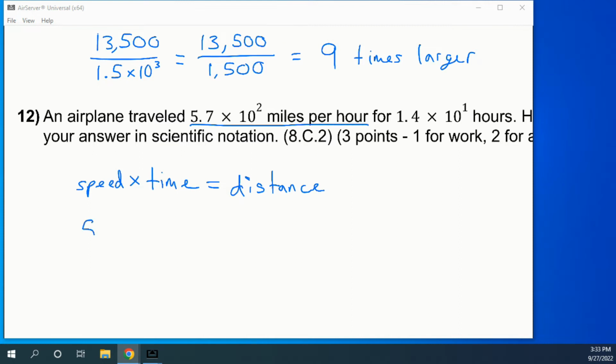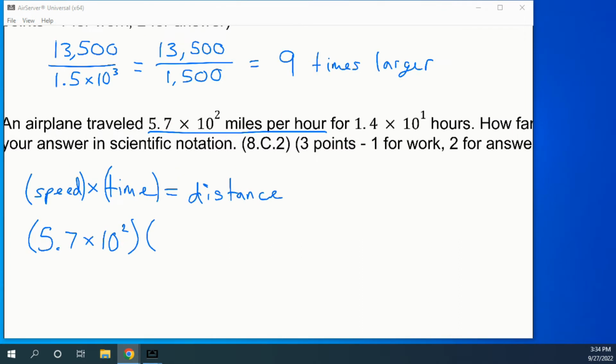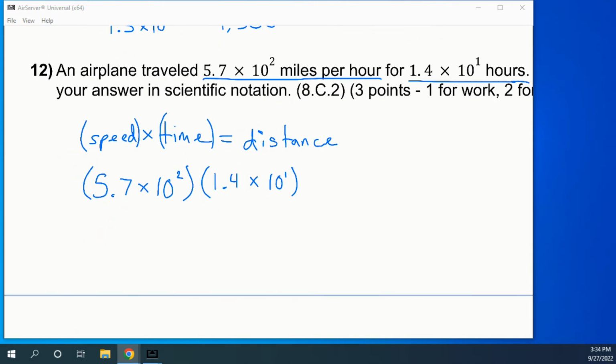So we're going to take 5.7 times 10 squared times the time, which is 1.4 times 10 to the first hours. So that is going to equal our distance.